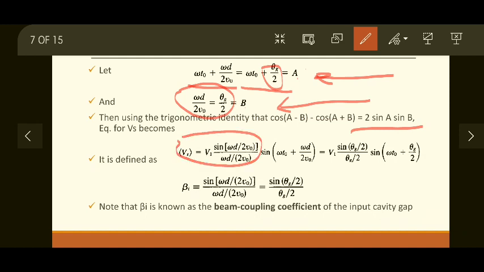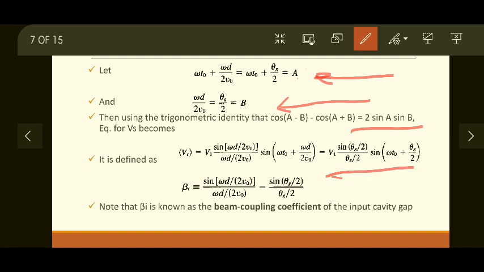And sin B will convert, in terms of theta g, to V1 sin theta g by 2 upon theta g by 2 into sine of omega t0 plus theta g by 2. Again the same identities are used over here, so refer to these abbreviations again. This is the equation that we are getting.